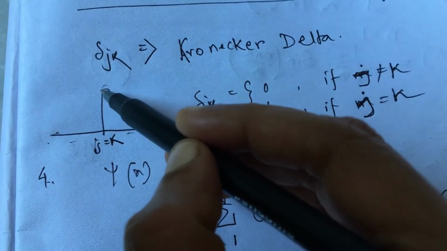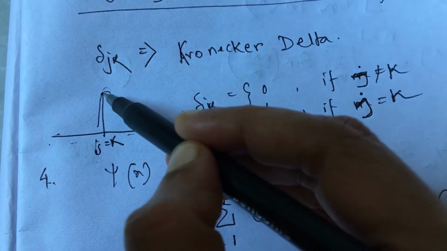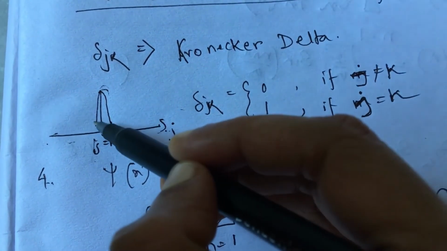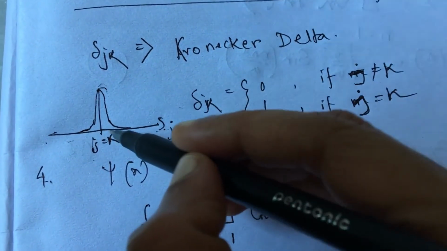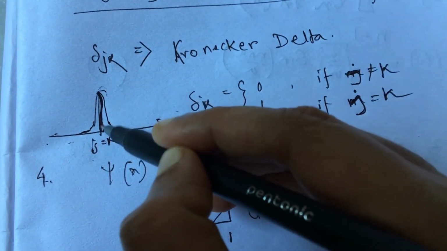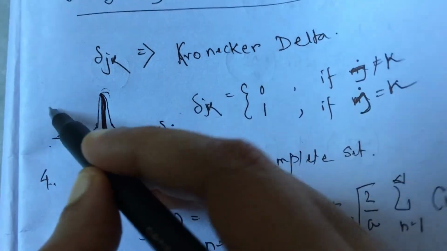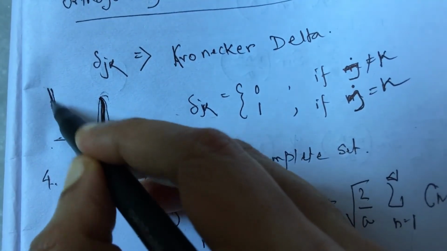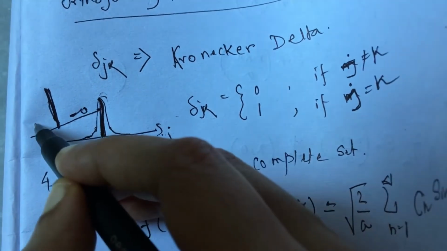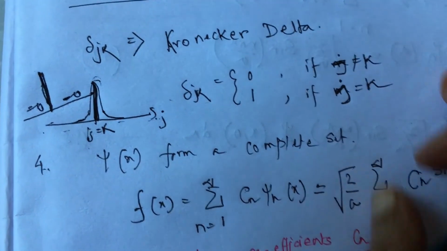For j equal to k, this function will survive. Otherwise, it becomes 0. So it is like a spike at j equal to k only, otherwise it is 0 here and it is 0 here. This is the Kronecker delta function.